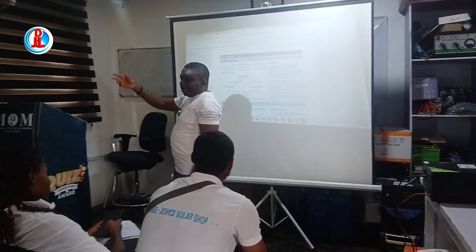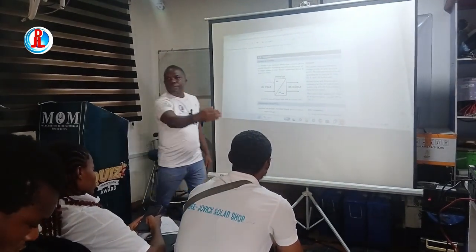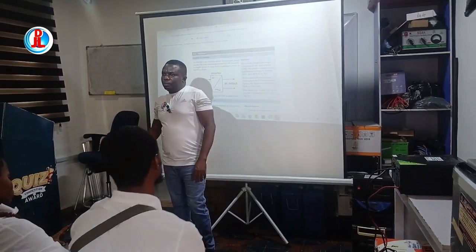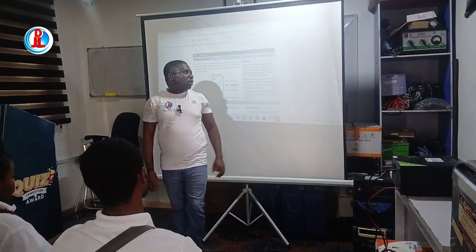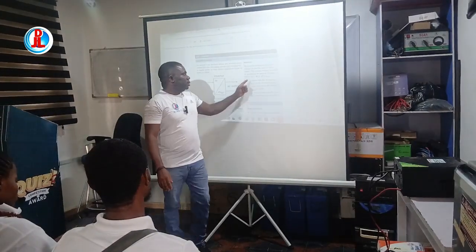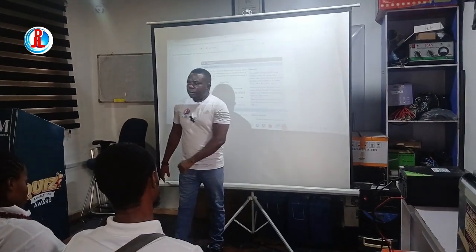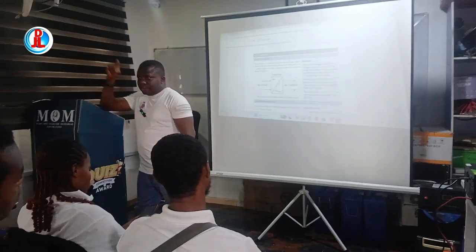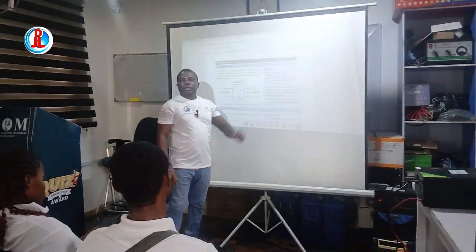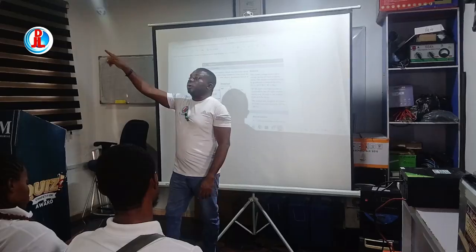Those are the inverters that we have. You cannot see a 6 volt inverter. Now, the common ones are 12, 24, 48. In those days, we used to have 36, but it's no longer common.